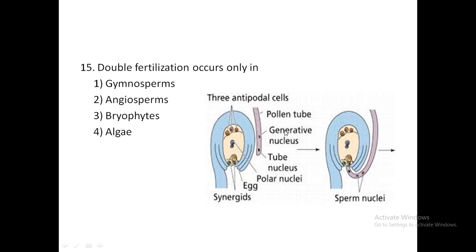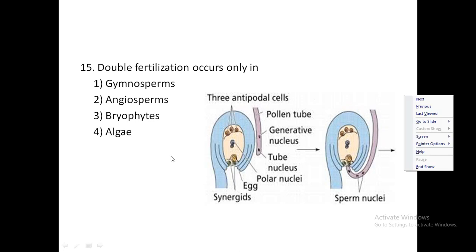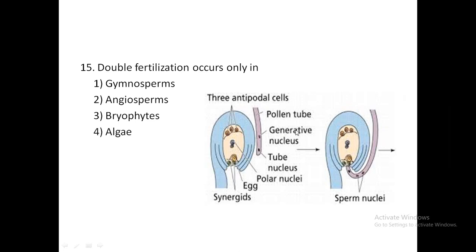When the pollen grains are shed on the stigma, from the pollen grain a pollen tube develops. The pollen tube contains the generative nucleus and the tube nucleus. The generative nucleus divides into two male gametes, or two male pronuclei. So there are two sperm nuclei produced from the generative nucleus.